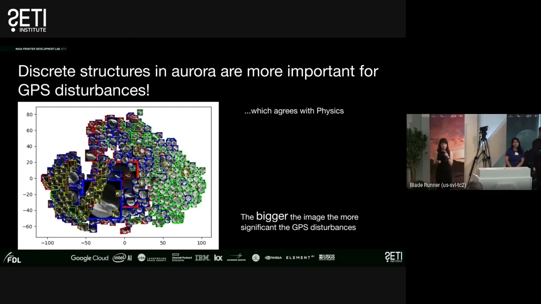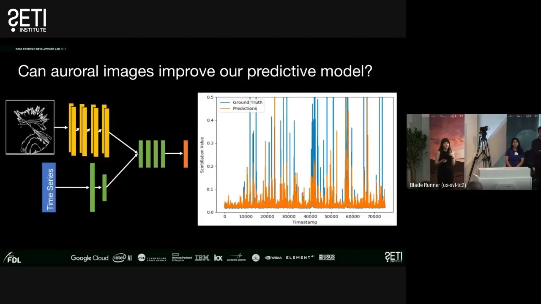Of course, what we've been working towards is including these images of the aurora in our predictive model. It's not very clear how you would do this, though, because we have both image data and time series data. The approach that we've come up with is to take a reduced representation of the images, pass it through several convolutional layers, then concatenate it with our time series data, and then use this as a predictive model.